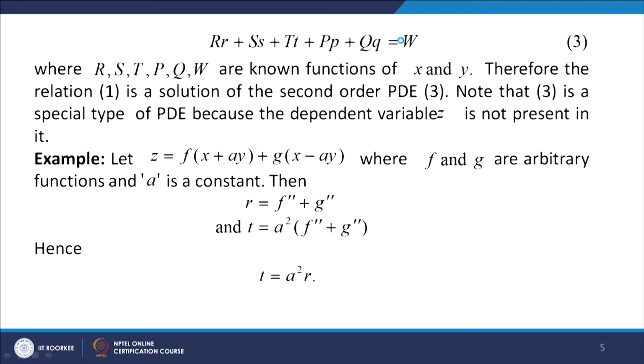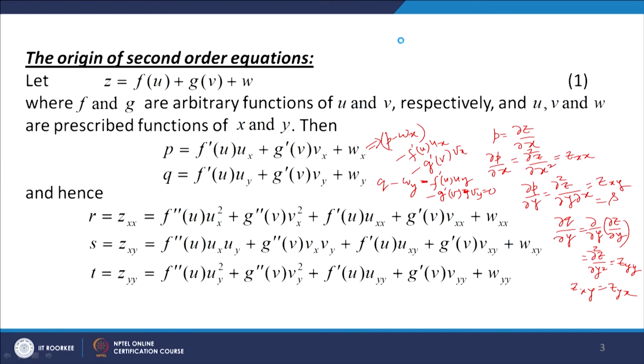So this is a second order partial differential equation and it has been derived from z equal to fu plus gv plus w. So we can say that this relation z equal to fu plus gv plus w is a solution of this second order PDE.